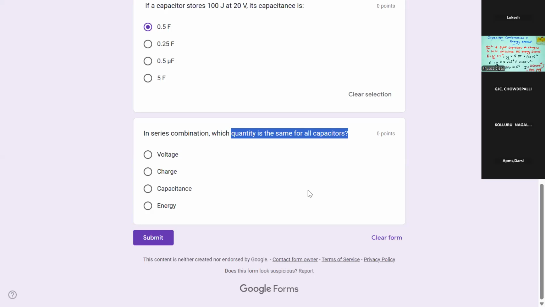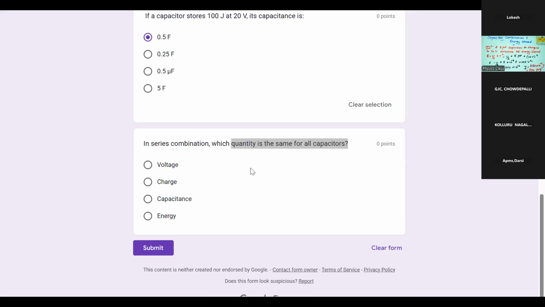A, B, okay. Which quantity is same? Already I told that. Charge.